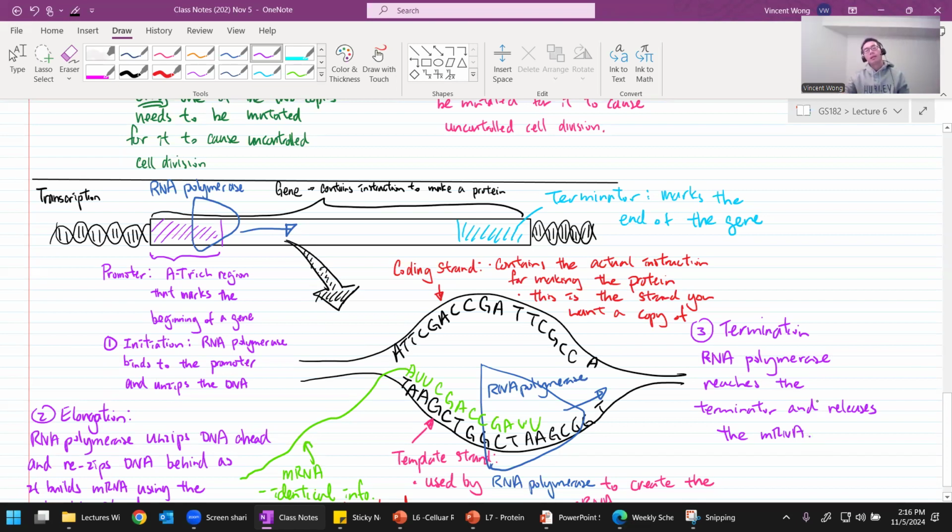Right? And then it's done. The DNA recoils back to its original state, okay? And then we got the copy. It's very similar to flipping to the pages that you need to copy, photocopying it, and then you close the book and put it back. You open up the DNA where you need to copy. When you're done, you close it up. That's all.